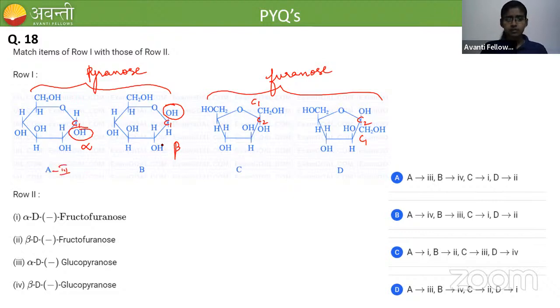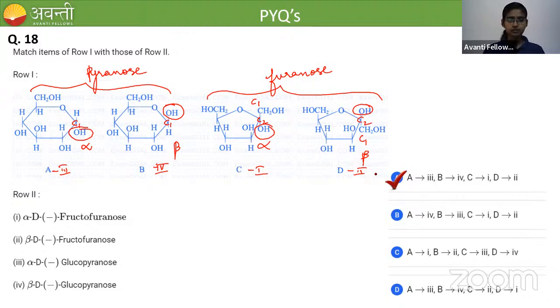And B is beta-D-glucopyranose, which is 4. And compound C has OH at the bottom position, so it is alpha. Here it is beta. So the name of the 3rd compound is alpha-D-fructofuranose, and the 4th compound is beta-D-fructofuranose. So this is 1 and this is 2. Option A is the correct answer for this question.